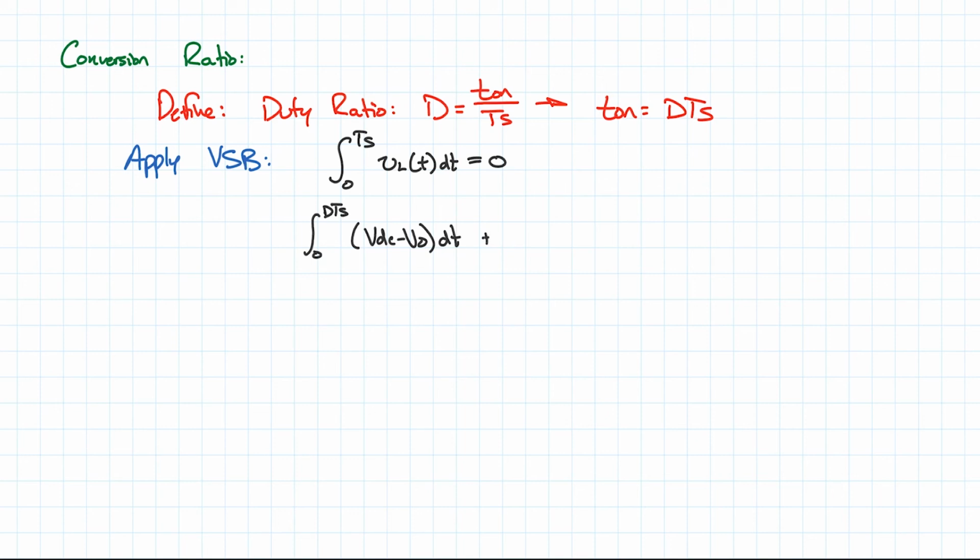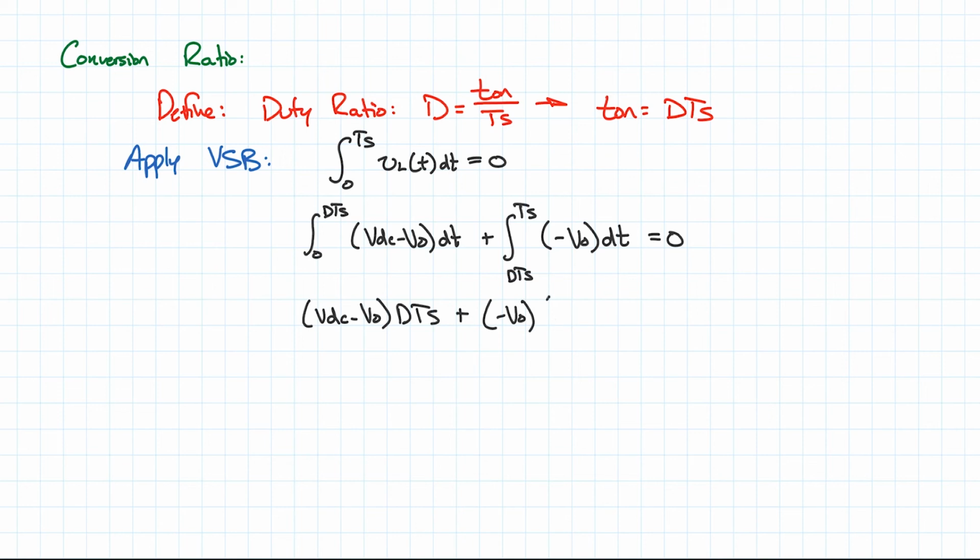And from dTs to TS, it's minus VO dt, and that should equal 0. So when you evaluate this integral, you get VDC minus VO times dTs plus minus VO times 1 minus dTs equals 0.